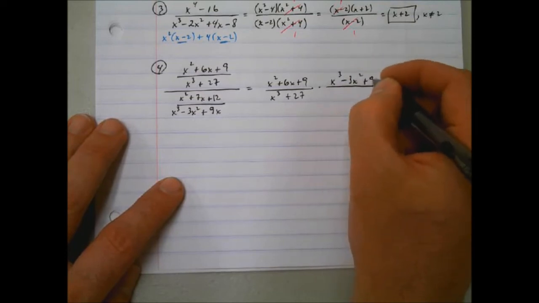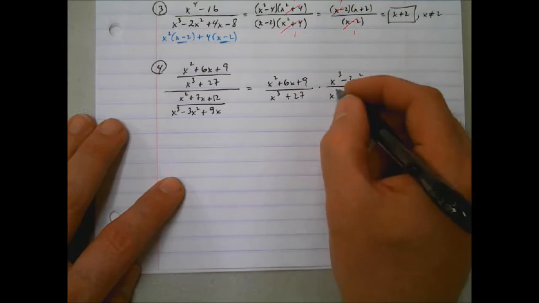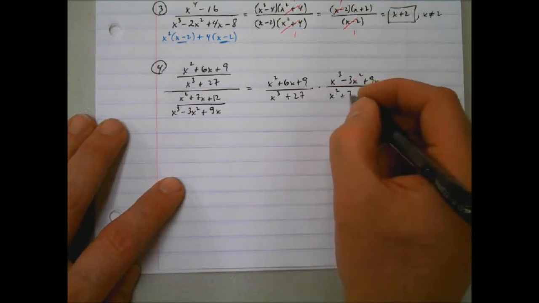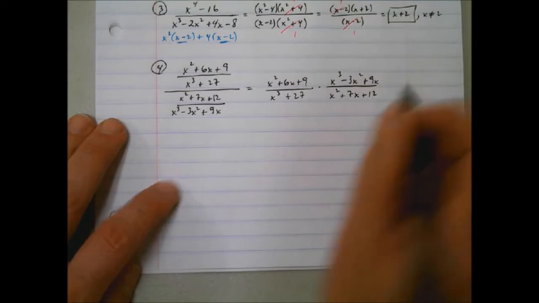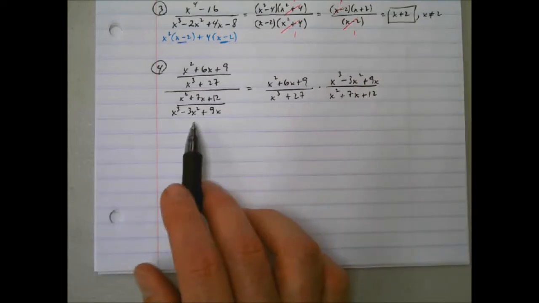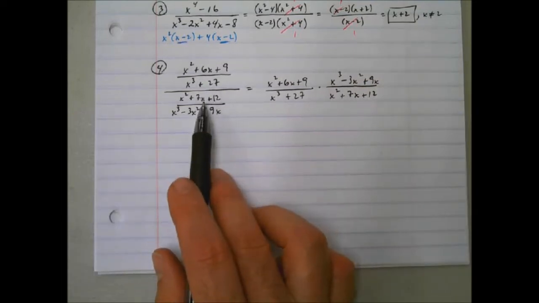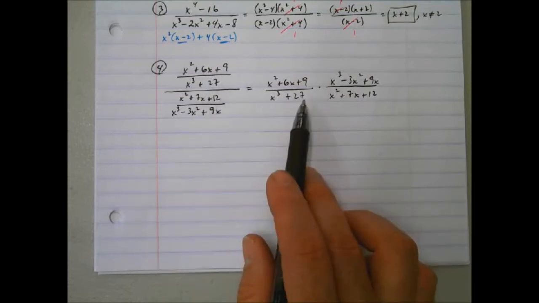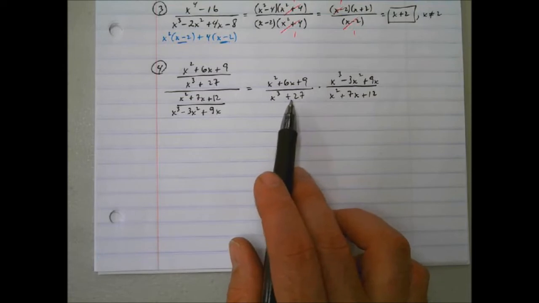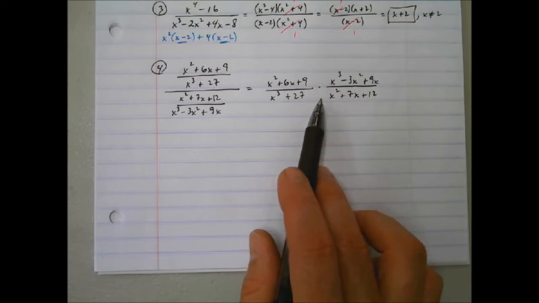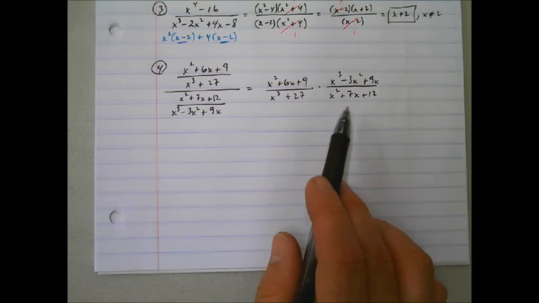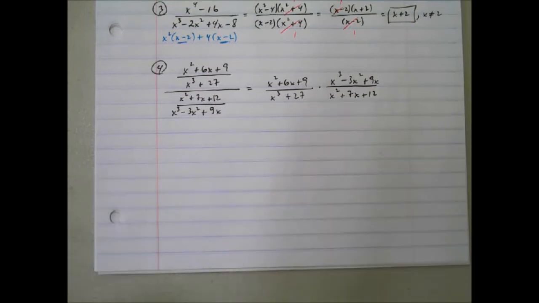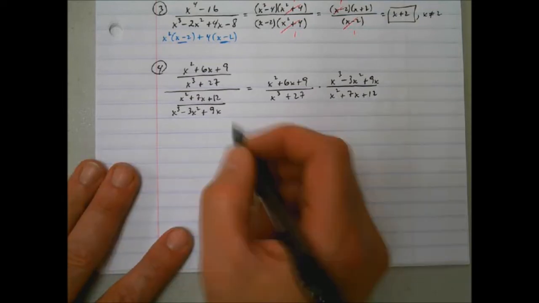So x cubed minus 3x squared plus 9x over x squared plus 7x plus 12. So if the original problem on the worksheet is this fraction over a fraction, you don't necessarily have to write down the original problem. You could go ahead and write it as the top fraction times, and you flip and multiply that bottom fraction. Okay, well, the factoring and reduces still applies here.